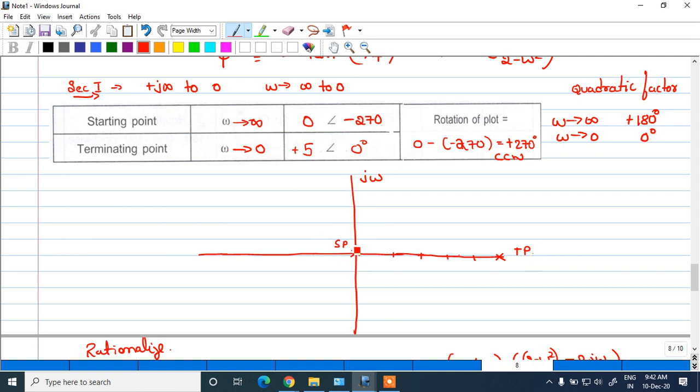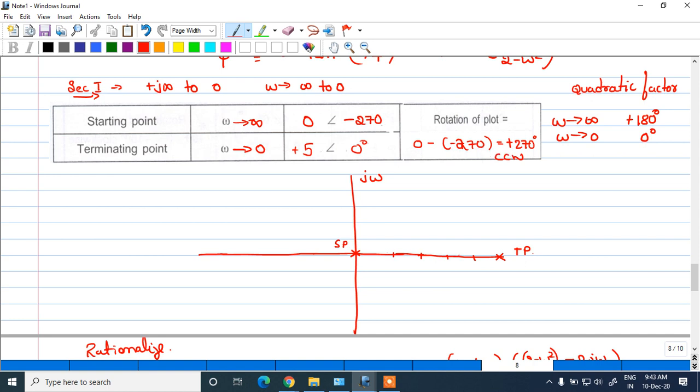So this is section 1. The starting point for section 1 is when I substitute omega as infinity, I am getting magnitude as 0, that is the origin. When I substitute omega as 0 as the terminating point, I am getting plus 5 as the magnitude. And you can see here the total sweep is plus 270 degree. Can anyone tell how many quadrants I have to use here? Is it 1, 2, 3 or 4?